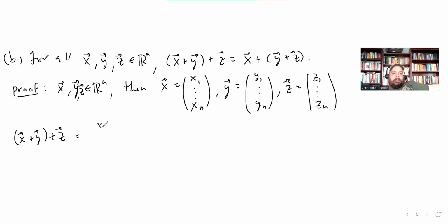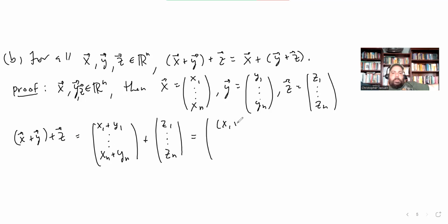This is x1 plus y1 all the way up to xn plus yn, plus z1 up to zn, which is x1 plus y1 plus z1 up to xn plus yn plus zn. Okay, and each of the components is a sum of real numbers, and real number addition is associative, so I can reassociate.